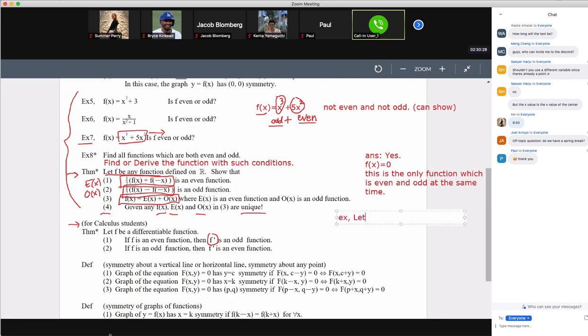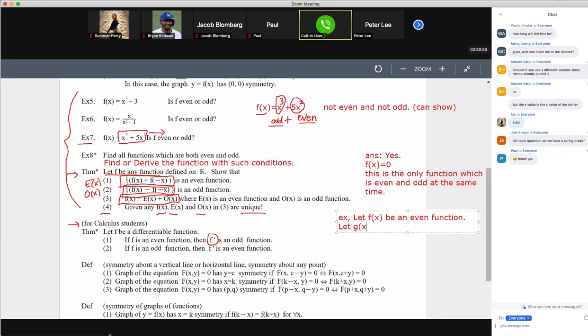Example. Let f of x be an even function. And then let g of x be an even function.